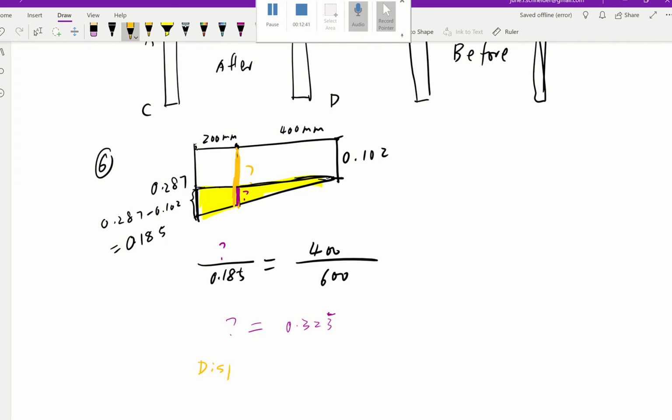What you're trying to look for. Displacement of F would be equal to this question mark, you figured out 0.323 repeating, plus this length right here, which is same as here, 0.102. And then we will have 4.425.